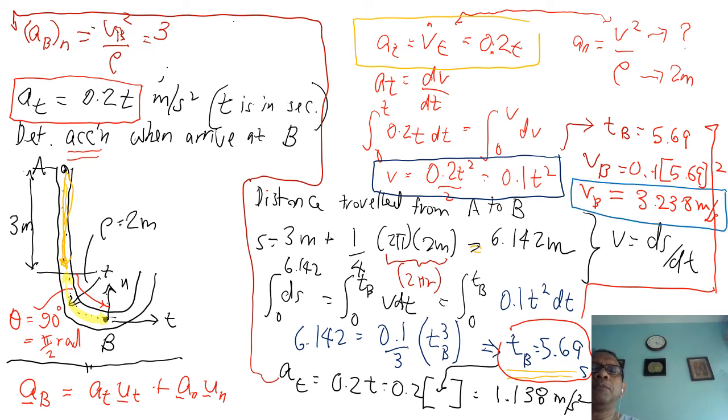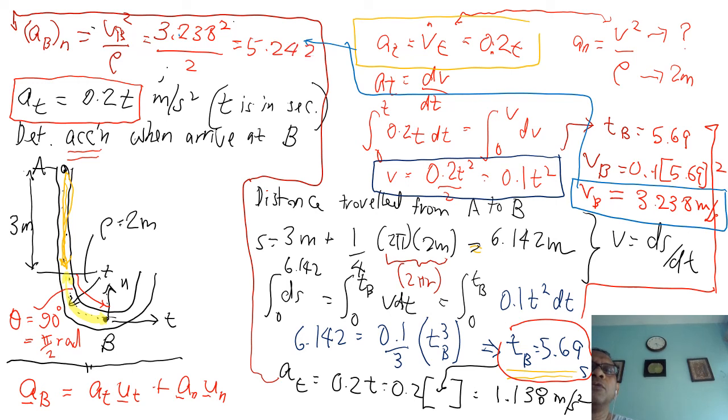Then we put this value here: 3.238 square over rho, which is 2 meters, and we get a_Bn to be 5.242 meters per second square. So from there you can find the acceleration.